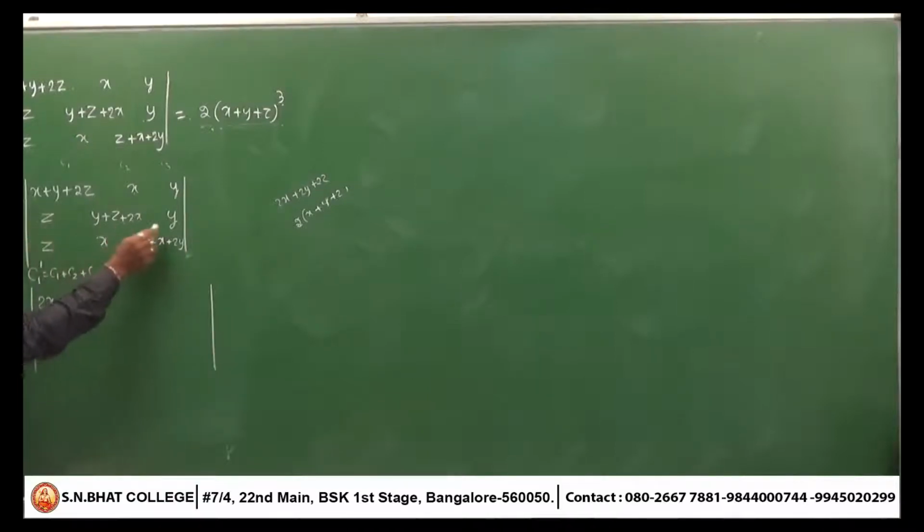Y plus y is 2y plus 2z. Z plus z is 2z. Add the three columns. Next, x plus x is 2x plus 2y. Z plus z is 2z. C1 dash is C1 plus C2 plus C3. You will get this column.